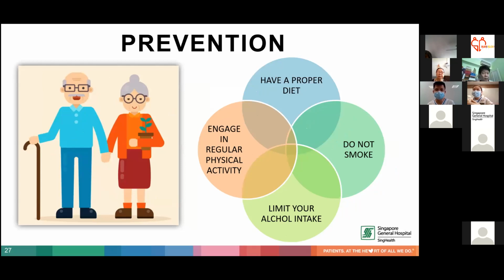These are some tips on prevention and mitigating diabetes. Have a proper diet, as I shared earlier, do not smoke, and limit your alcohol intake, as these increase the risk and increase your blood sugar. Engage in regular physical activity of 150 minutes per week.